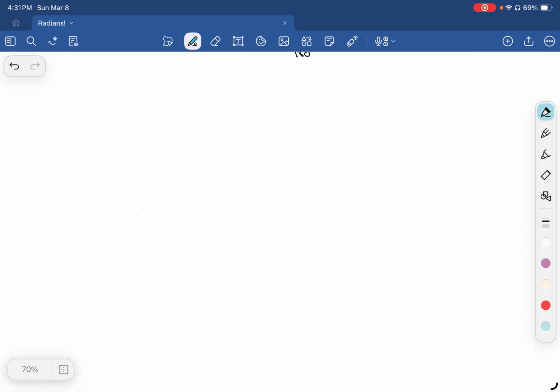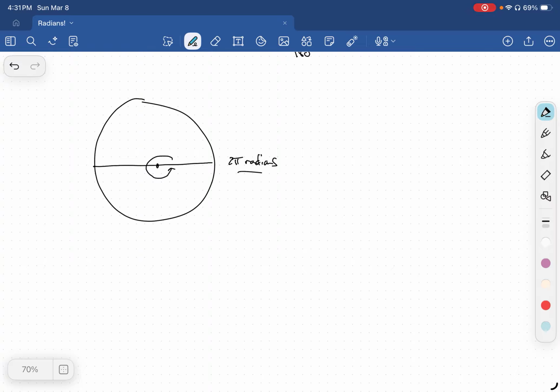So coming down here, I'm just going to draw some things out just to give us a sense for how many radians different angles that we're familiar with are. So for instance, if I were to go all the way around the circle, that would be 2 pi radians. And we're not going to write an approximation and say, oh, it's about 6.28 radians. We're just going to say 2 pi radians.